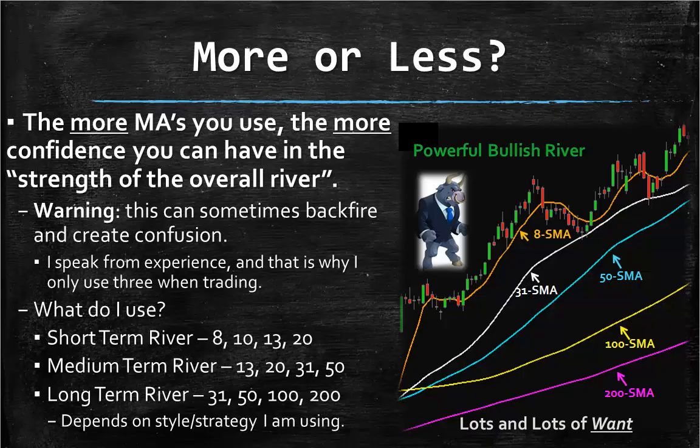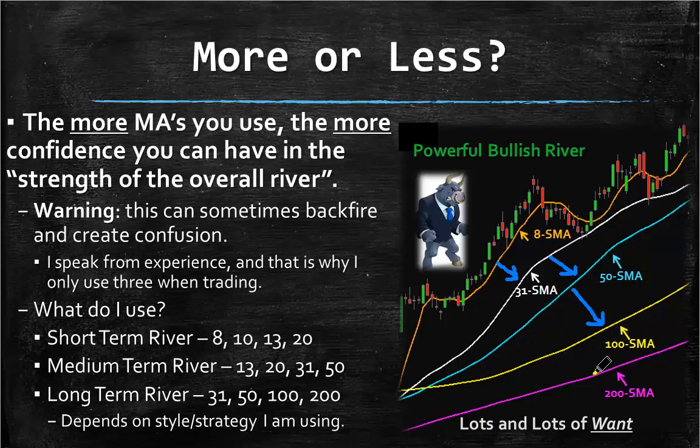When you look at this, remember, when smaller number moving averages are above bigger ones, that implies an uptrend. Let's look at that real quick. We have the 8, which is smaller than 31, and you can see it is above 31. The 31, which is smaller than 50, you can see is above the 50. The 50, smaller than 100, is above 100.